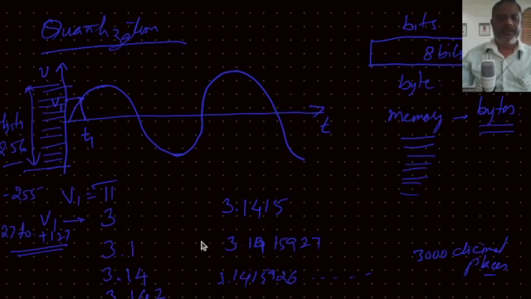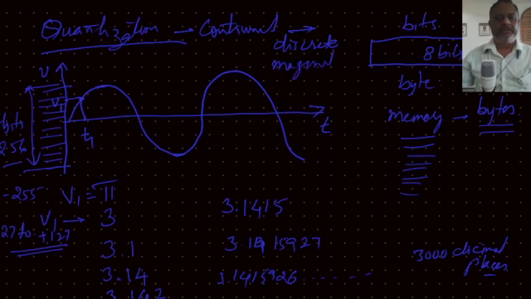Therefore, somewhere you have to be satisfied with limited precision. That's why we convert a continuous magnitude domain into a discrete magnitude domain. So that's quantization. Thank you.